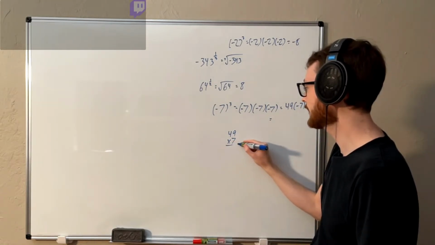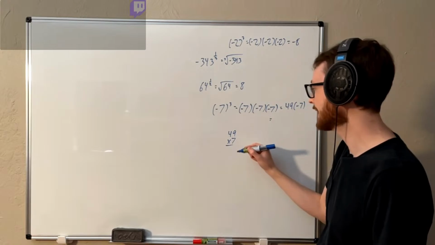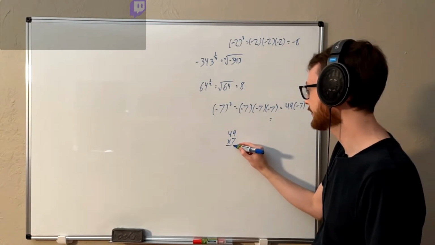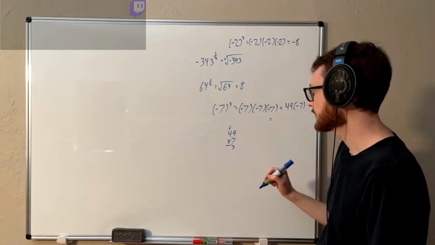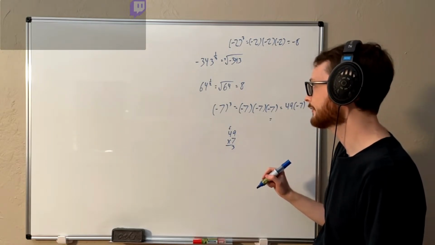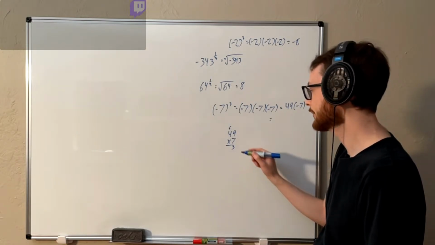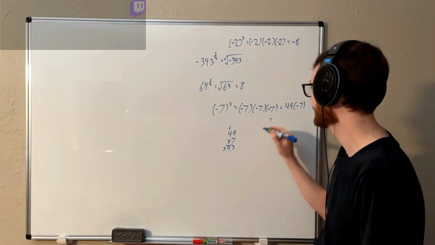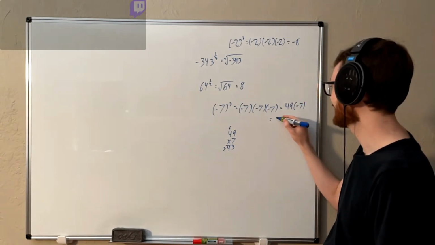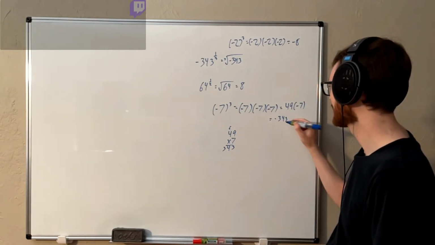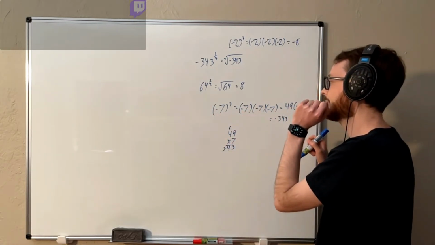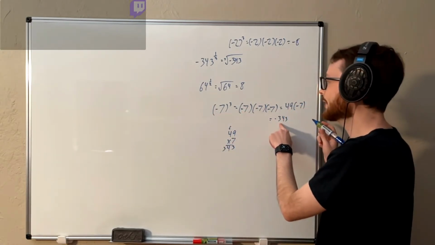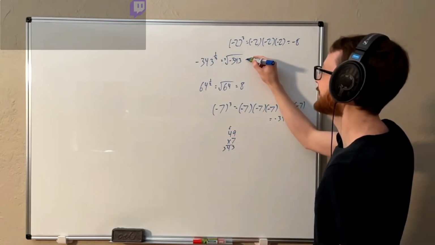If you have to use a calculator, just do that. 63, so 3 carry the 6. 28 plus 6 is 34. Perfect. And that was a negative 7, so it's negative 343. So because we did this work, we can claim that the cube root of negative 343 is negative 7.